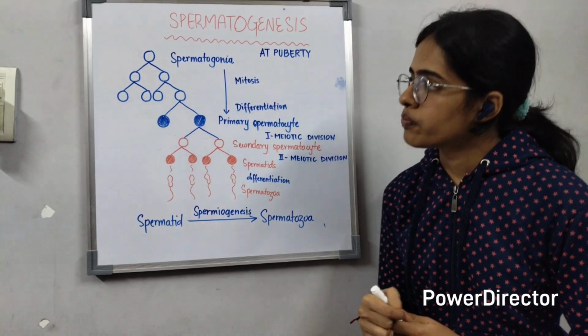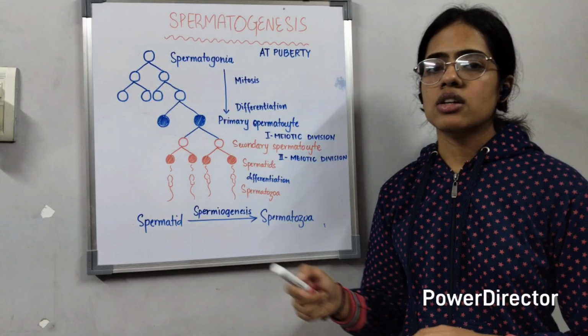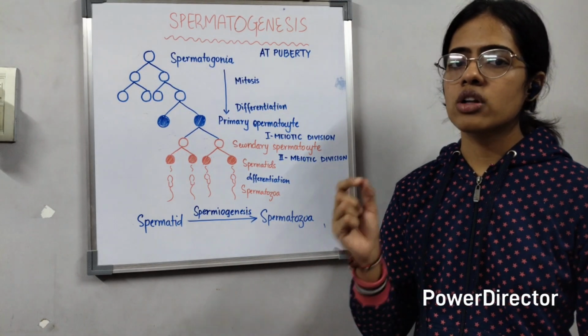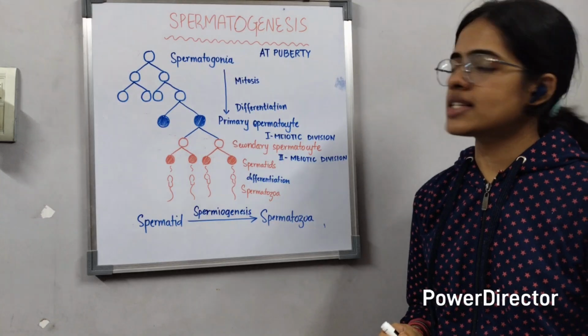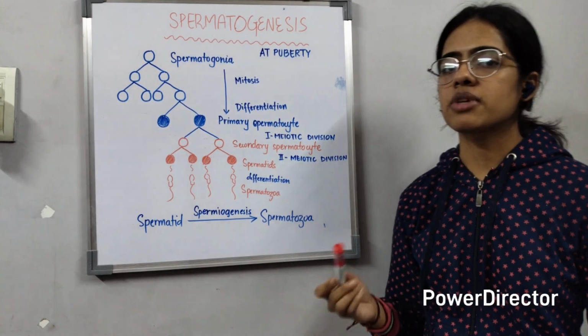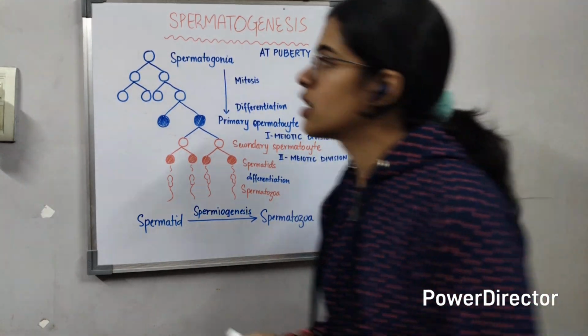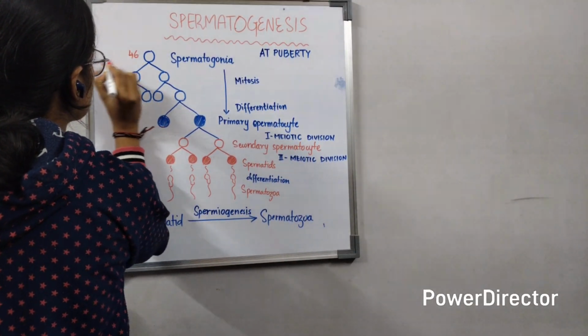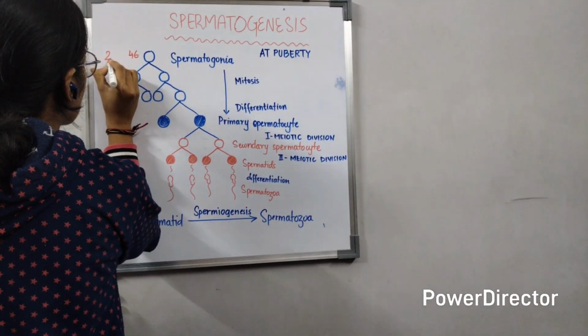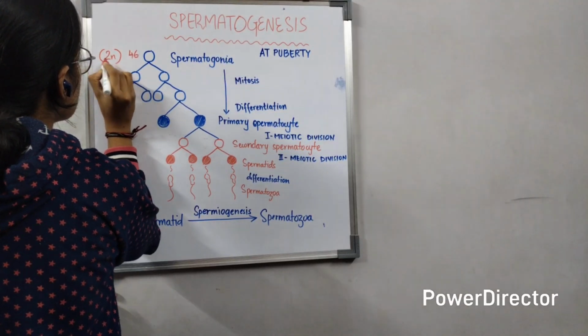Now, the spermatogonia, which is present in the walls of the seminiferous tubules, is a diploid cell. The spermatogonium is a diploid cell, that is, it will contain 46 chromosomes and its ploidy is 2n.